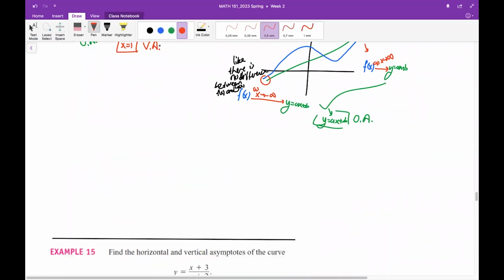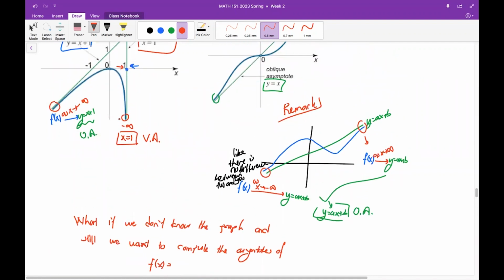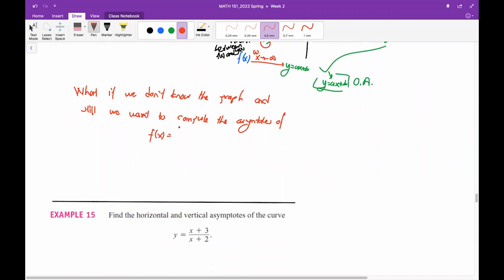Let me explain. What if we don't know the graph and still we want to compute the asymptotes of f of x equals, let's choose this function, x squared over x minus 1.